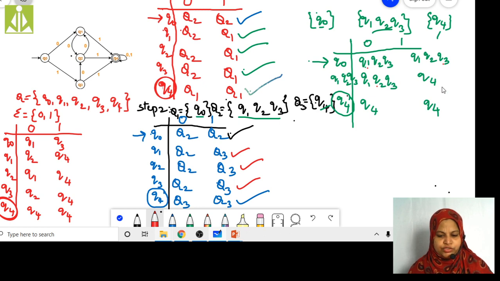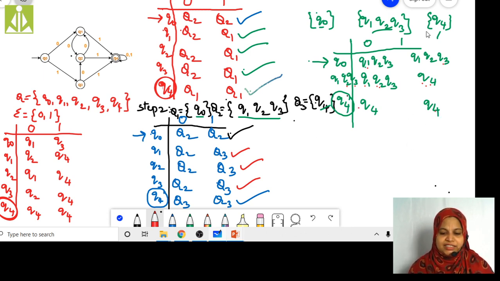Q1 on 1, Q4, satisfying the property. Next, Q2 on 0, Q1, right? Q2 on 1, Q4 is there, right? Q3 on 0, Q2, right? Q3 on 1, Q4 state. Q4 on 0, Q4 on 1, Q4.